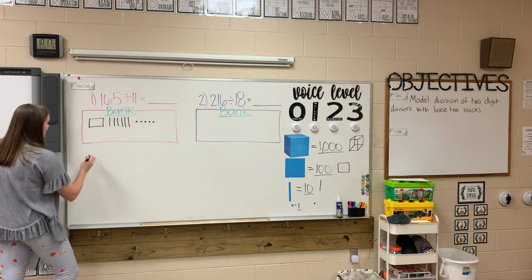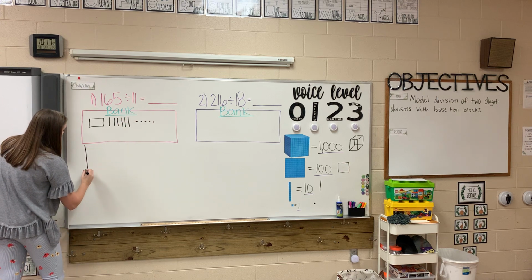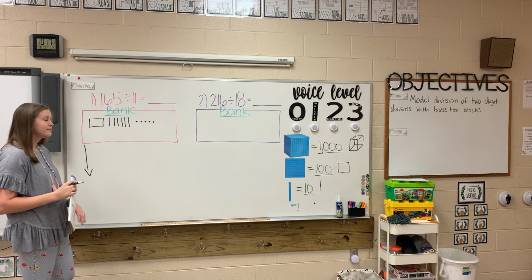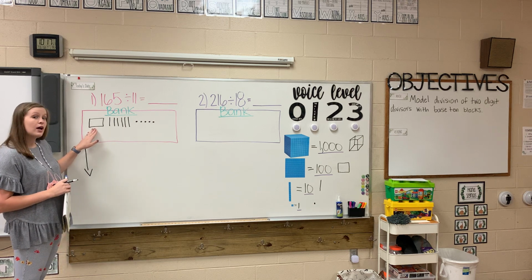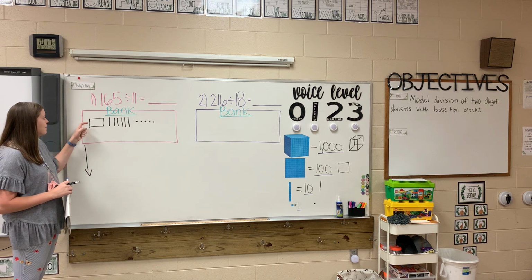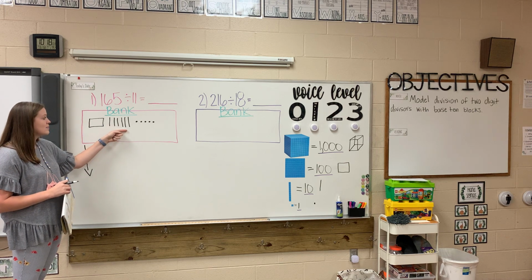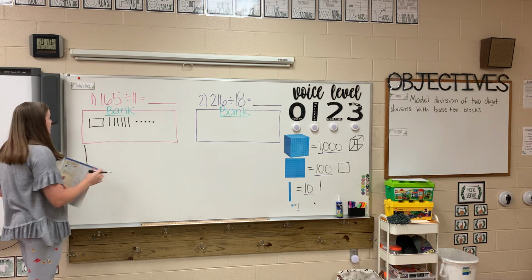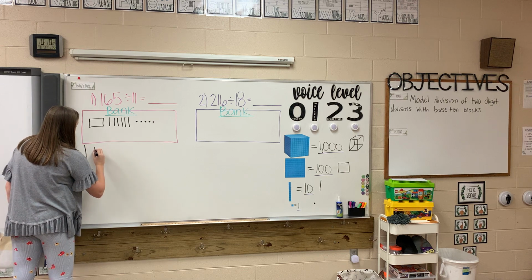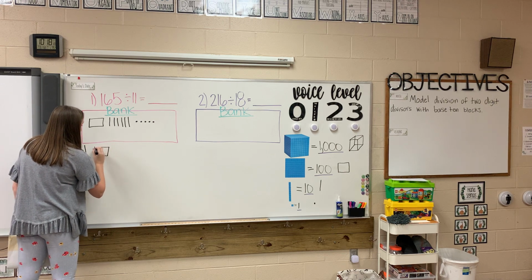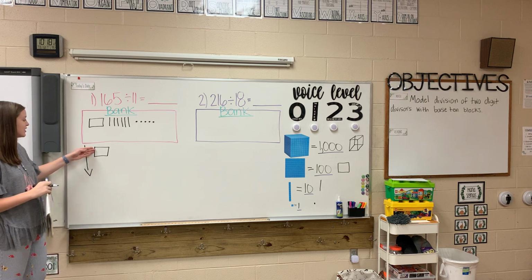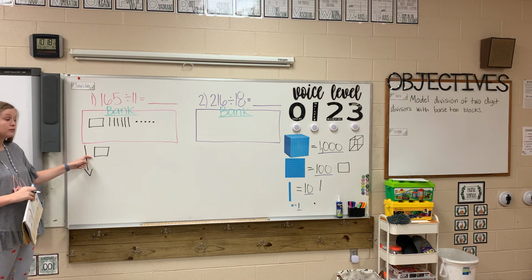I'm always going to take my divisor and it's going to be drawn down. This is worth 100. But how many groups does it have in it? We just talked about it. How many longs? 10. So I can take my flat and draw it there, and that is worth 10 groups.